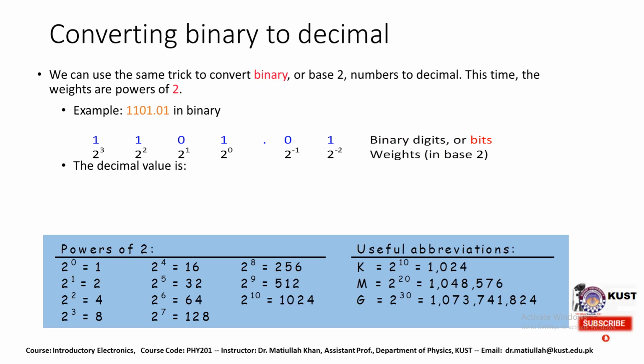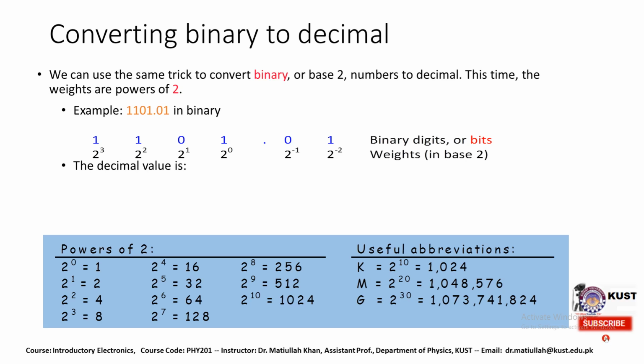We can use a trick to convert binary into decimal, and for this case we need to use base 2. We have a simple example like 1101.01 in binary, and how it will be equivalent to its decimal counterpart.